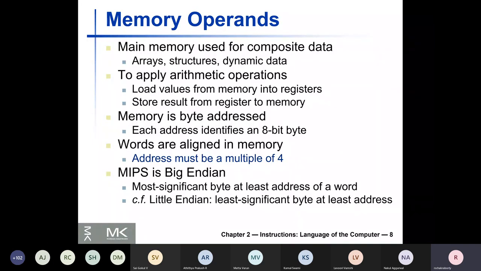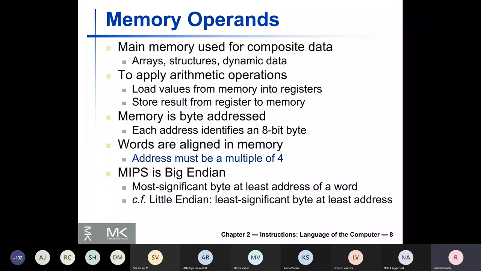Then the second word, if its starting address is 4, that means it contains the bytes 4, 5, 6, and 7. In this way, everything is in 4-byte chunks.